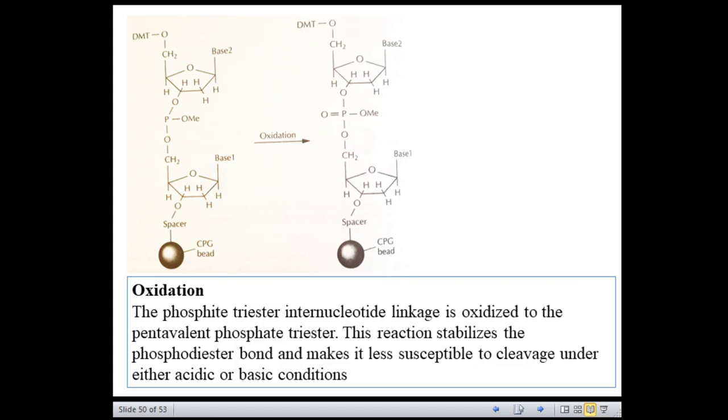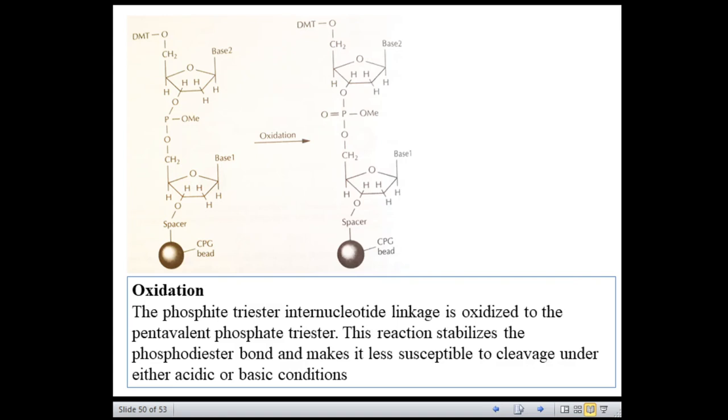Now we have to remove some of these groups. The methyl groups are removed by a chemical treatment in the reaction column itself. The DNA strands are cleaved from the spacer molecule. Because the spacer molecule is attached to the 3' terminus, cleaving it leaves the 3' hydroxyl terminus free.